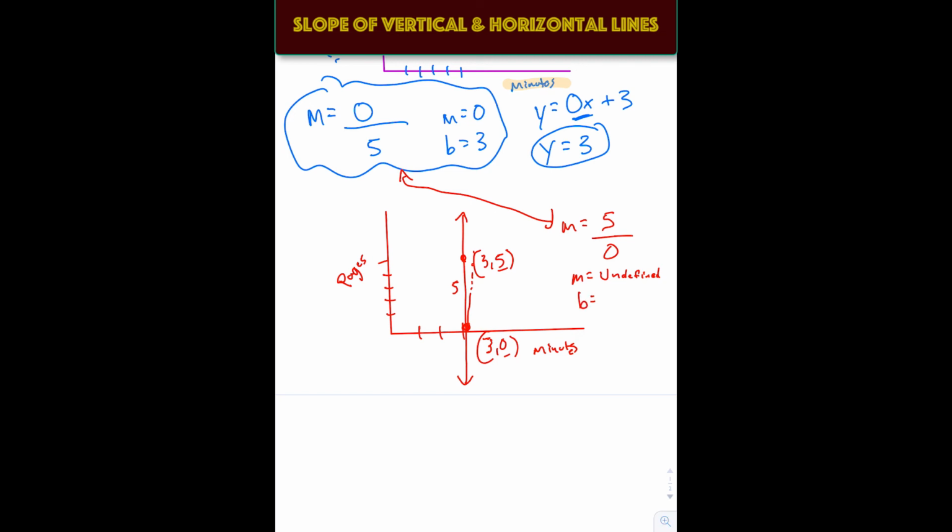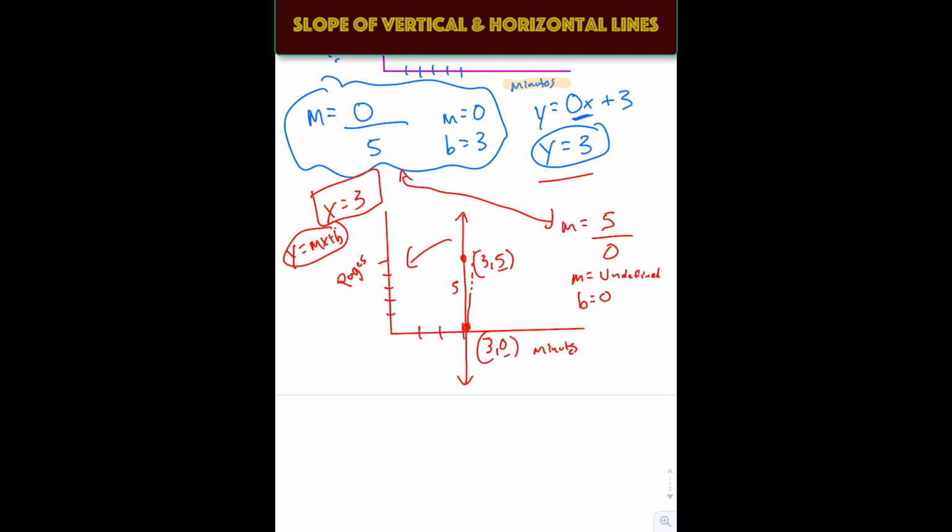Also, there will be no y-intercept. This line was never going to cross. So what's our equation, you ask? Instead of it being y equals 3, the full equation is x equals 3. So instead of seeing an answer that looks like a y equals like we're used to, we just have x equals 3 in final form.